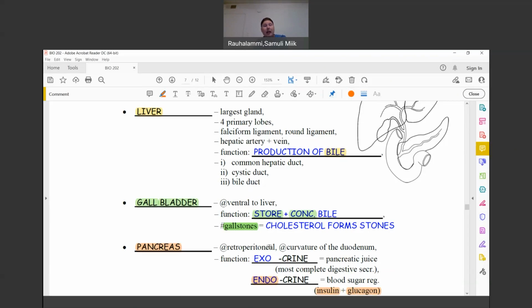What's important for us and of interest to us in the digestive system is the exocrine function, and pancreas produces pancreatic juice. Pancreatic juice is the most complete secretion of the digestive system. So that's really, really important secretion.